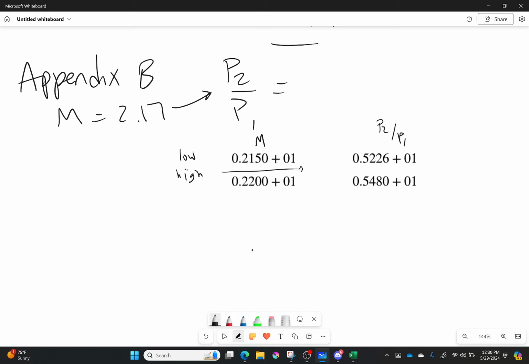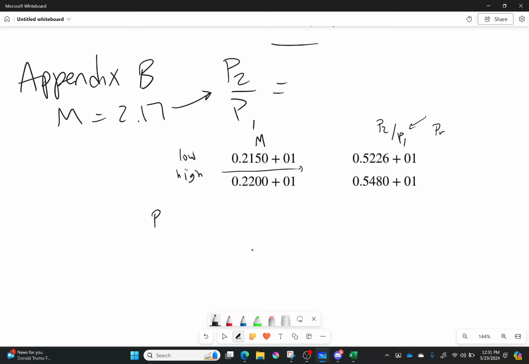Now I'm going to start plugging into my interpolation equation. So here's how it works. As a note, I don't have to write P2 over P1 every single time. I'm just going to call that PR for pressure ratio, just to make it easier for myself when I'm writing out this equation. Okay, there's nothing special about that. That's just for the equation.